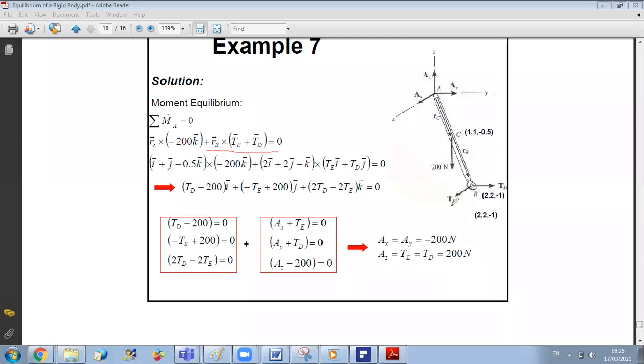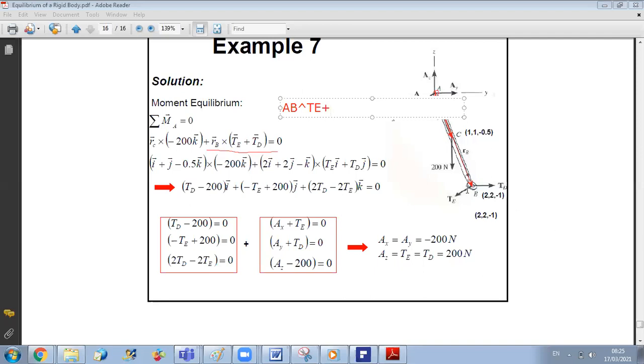Okay. Because here, if you are doing sum of moments about A, you have first the moment of the 200 Newton force, which is RC vectorial 200 minus 200K. To find the moment of TE, what should you do? You take the position vector AB and you do AB vectorial TE. This is the moment of TE plus the moment of TD.